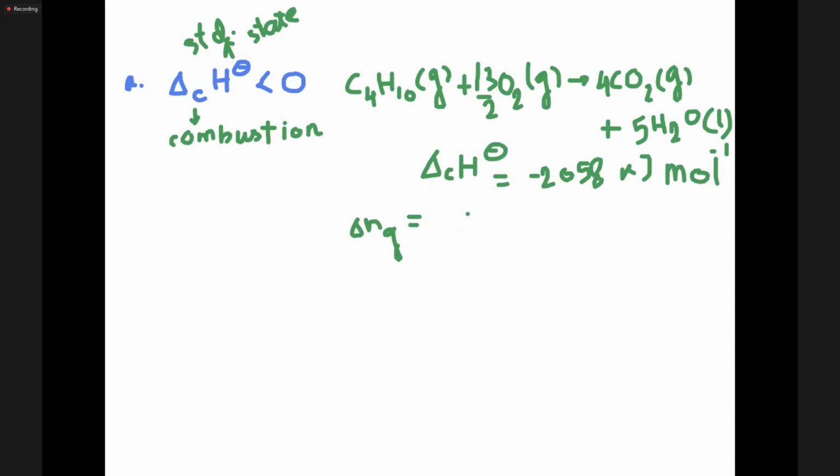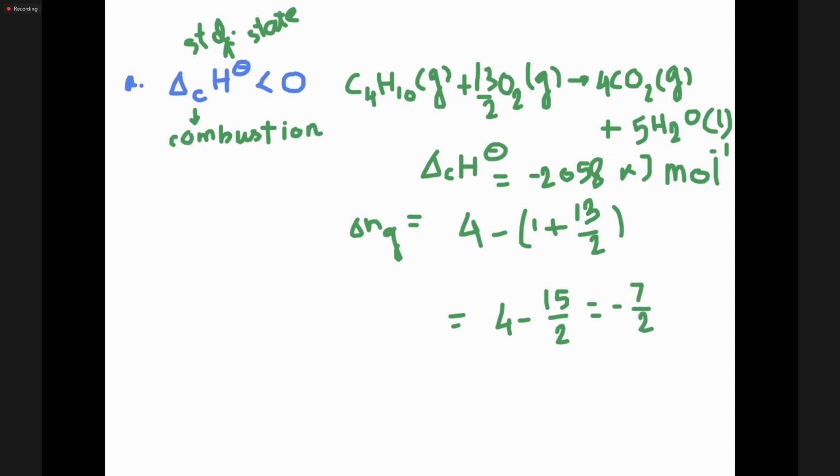Now the product gaseous mole is 4, and the reactant gaseous moles are 1 for butane and 13 by 2 for oxygen. So now we have 4 minus 15 by 2. That is minus 7 by 2. So this is the delta Ng for this reaction.